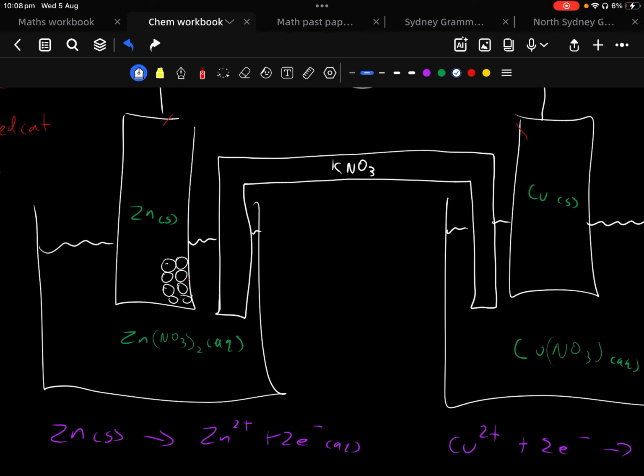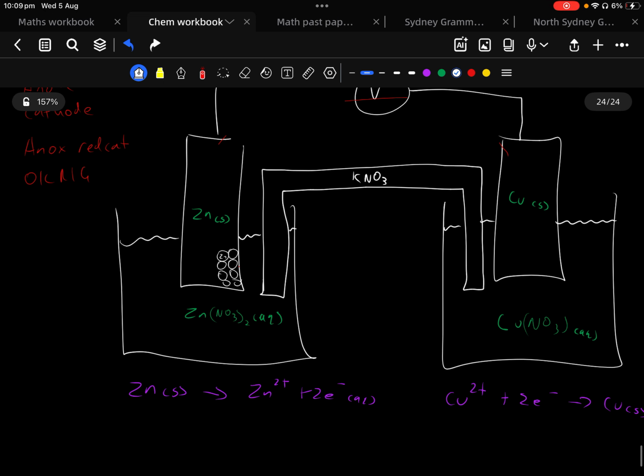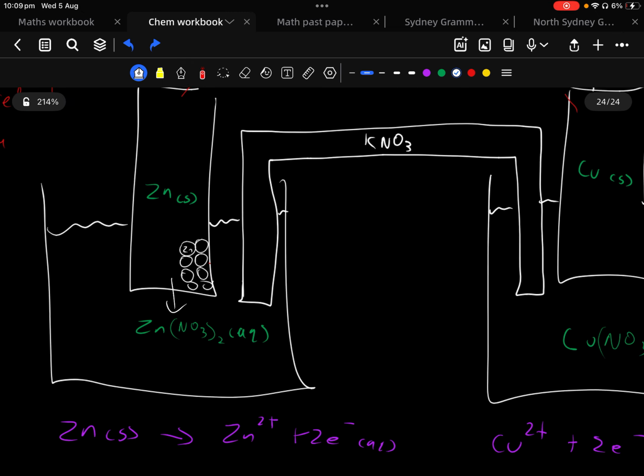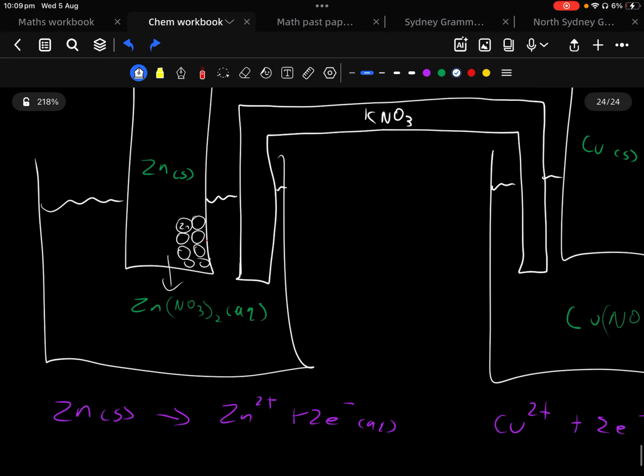So these are zinc atoms. We know because it wants to be in a solution, it must undergo oxidation. When oxidation occurs, it loses two electrons.